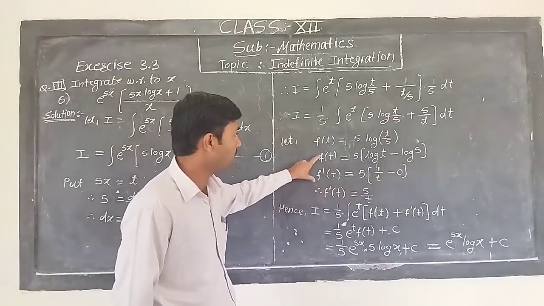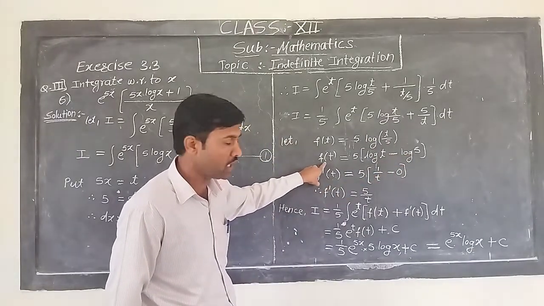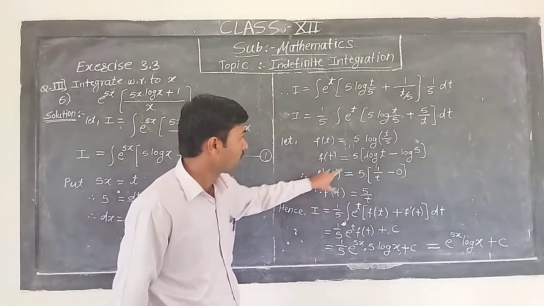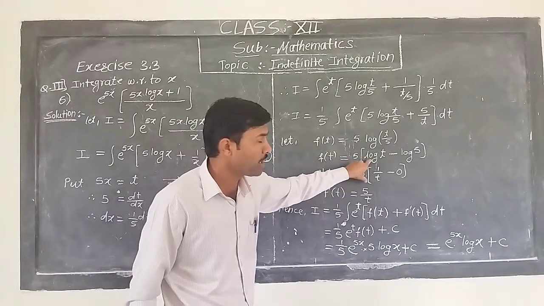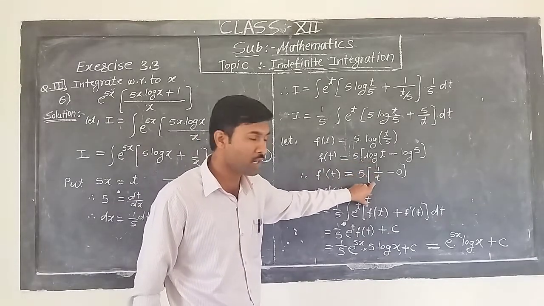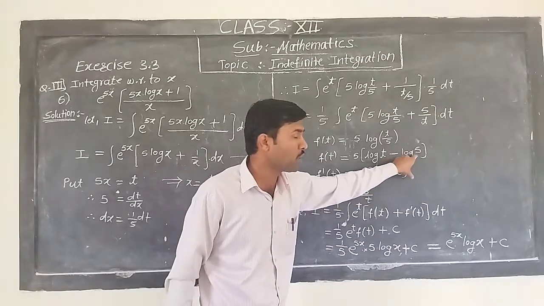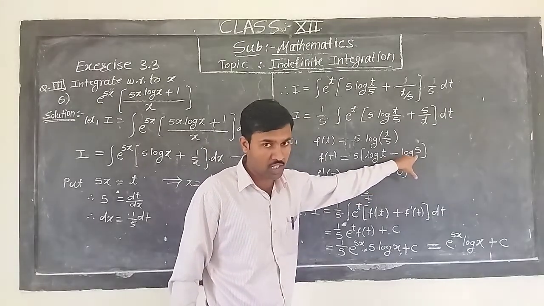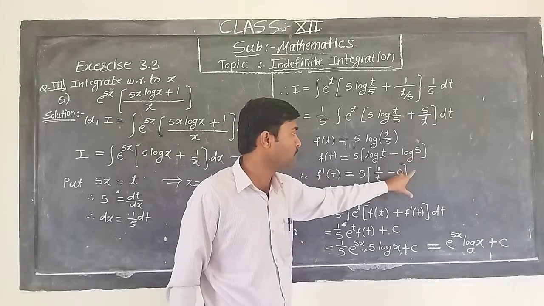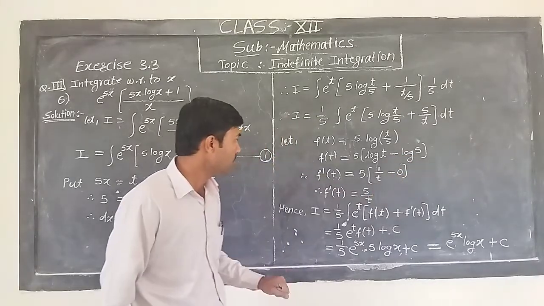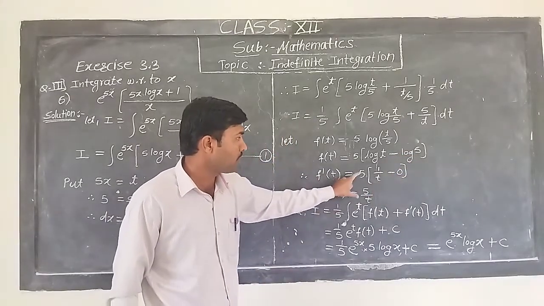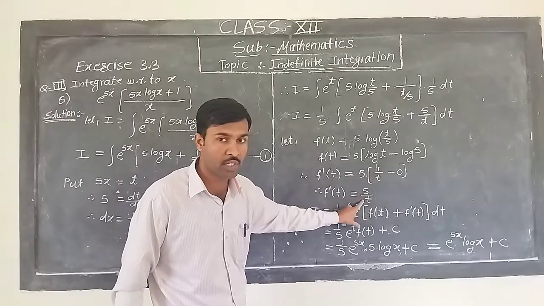Now after differentiating, the derivative of f of t will be f dash of t. 5 constant remains as it is, the derivative of log t will be 1 upon t, and log 5 is a constant term, so its derivative will be 0. Therefore f dash t will be 5 into 1 upon t, meaning 5 upon t.